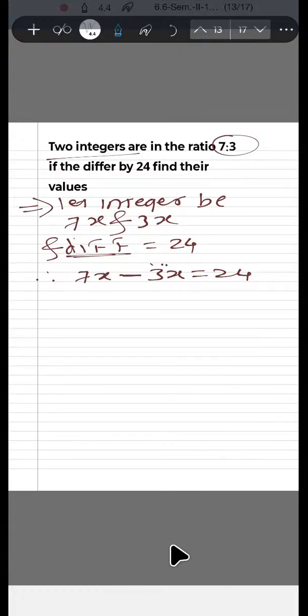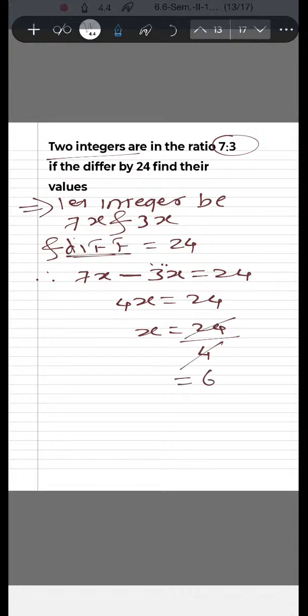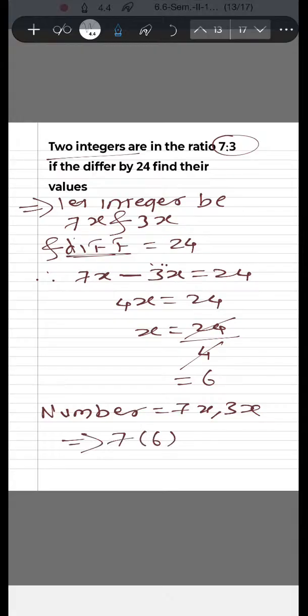If I solve this, I get 4x equal to 24. So x is equal to 24 divided by 4, which is equal to 6. We already considered the numbers to be 7x and 3x, therefore 7 sixes are 42, and 3 sixes are 18.